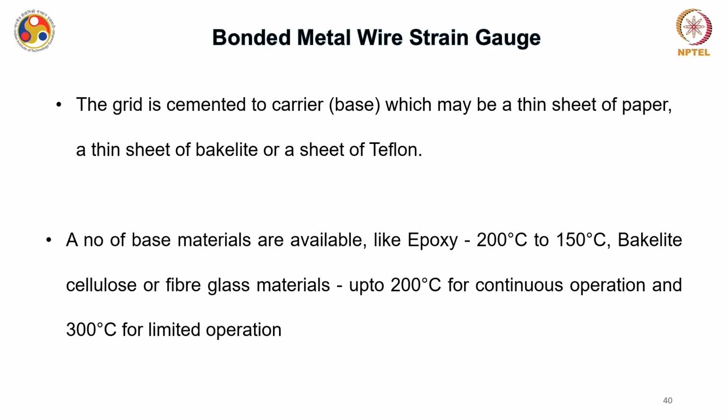A number of base materials are available like epoxy, bakelite, cellulose or fiberglass materials, and again they have temperature ranges in which you have to operate. Okay. So, epoxy has a certain range, bakelite cellulose has a separate range, and fiberglass materials have a separate range for continuous operation. Okay. And if you go for higher temperature, everyone comes with limited operation ranges.